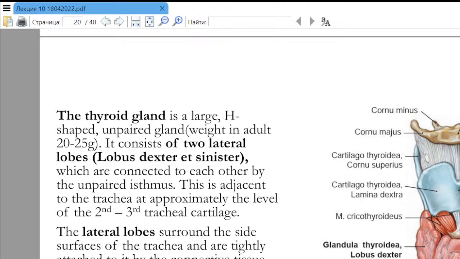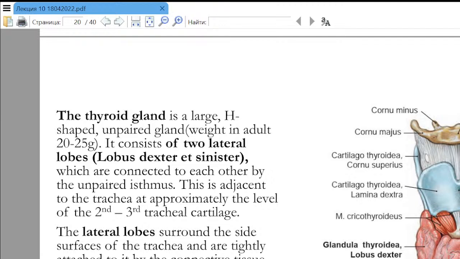It consists of two lateral lobes, lobus sinister and lobus dexter, which are connected to each other by an unpaired isthmus: glandula thyroidea, lobus dexter, lobus sinister, isthmus glandulae thyroideae.